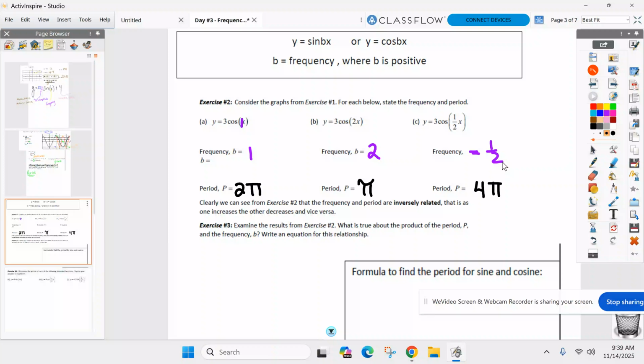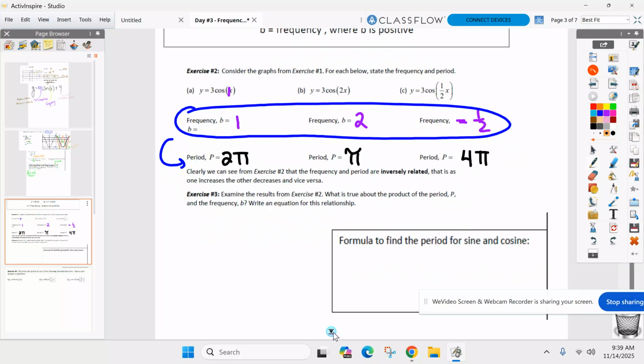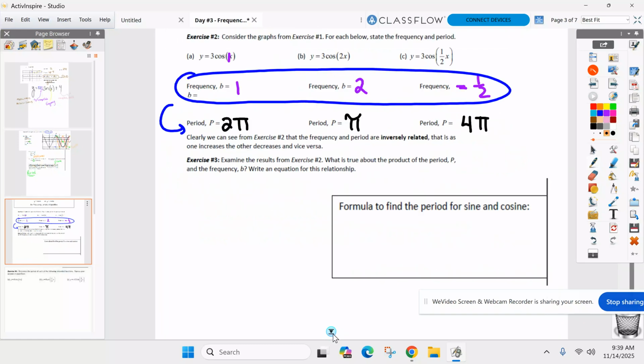All right, now there is a relationship between what the frequency is and what the period will be. And it is a formula, kids. It's a short one that you need to memorize. Here it is. Period, how long it takes to repeat, will always be 2 pi divided by the B value, the frequency, always.